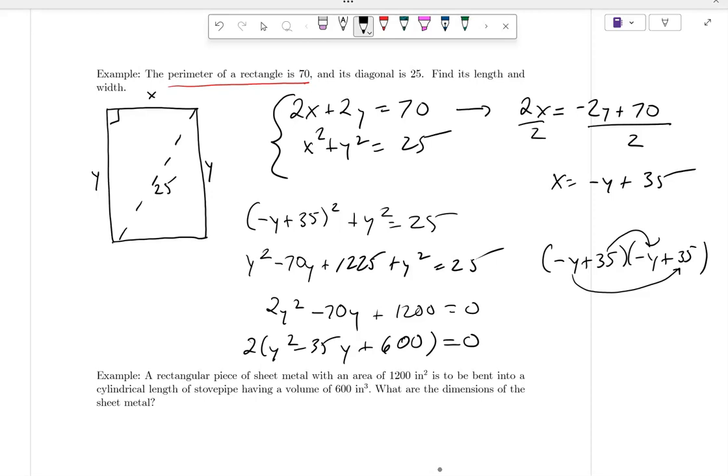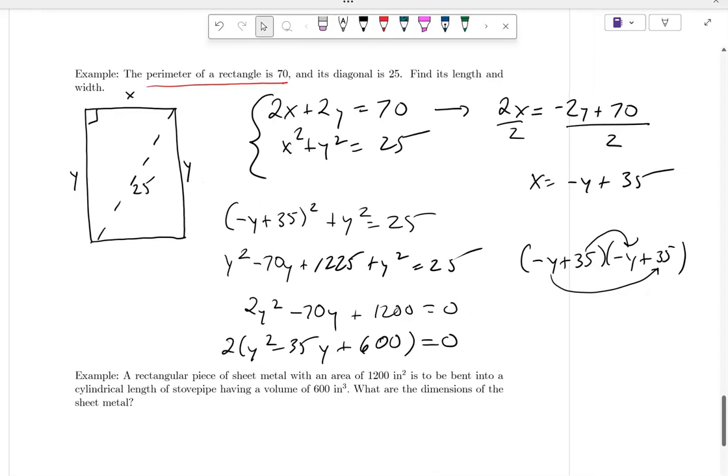I need a 35. We can't factor, we'll have to use the quadratic formula, right? Again, like I said, don't spend all day trying to factor it if it doesn't factor, right?